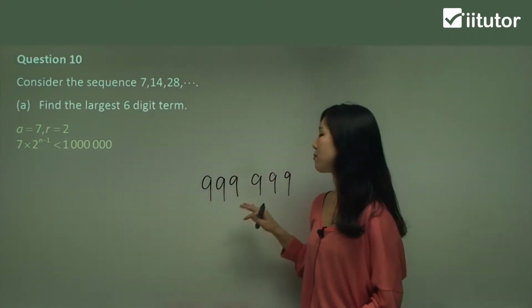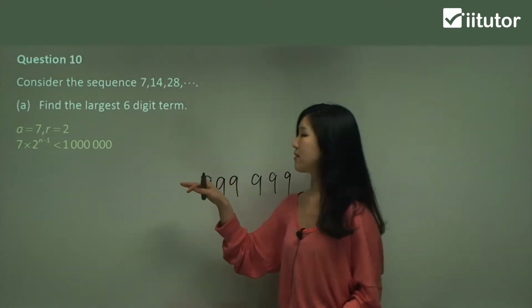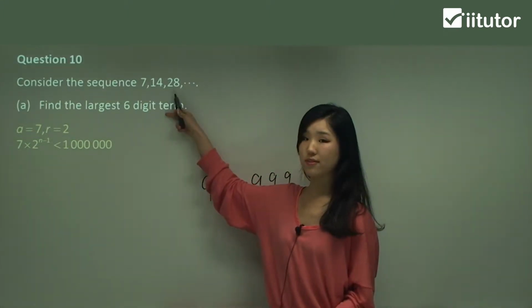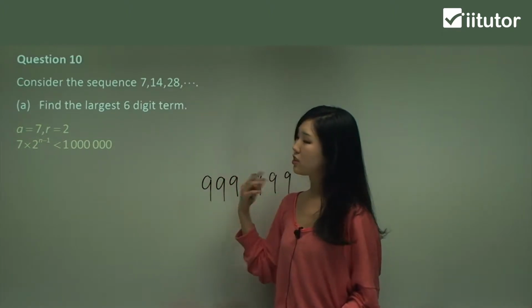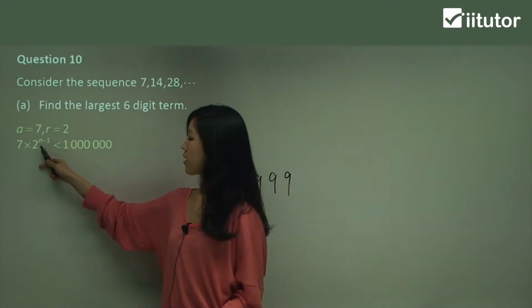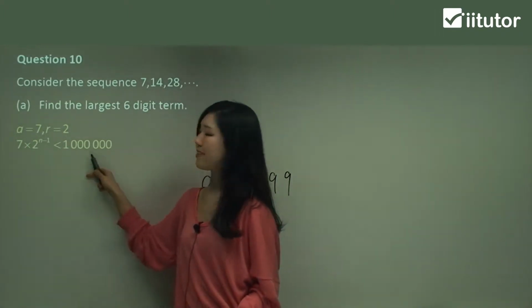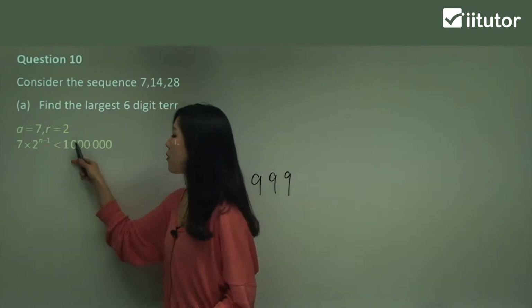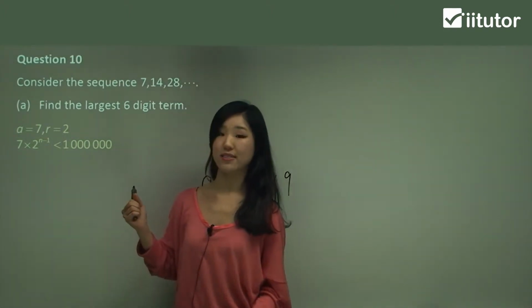But this is probably not the answer for this one, because we want to find the largest 6-digit term in this sequence. So how we do that is by finding the value of n for when the whole term is less than 1 million, just less than 1 million. That's why I made it an inequality sign like that.